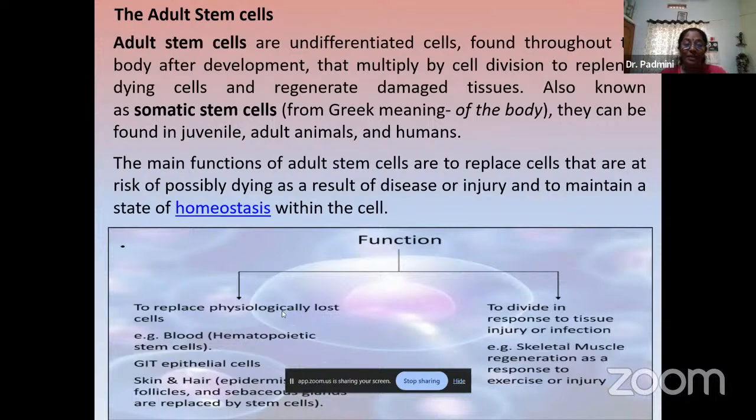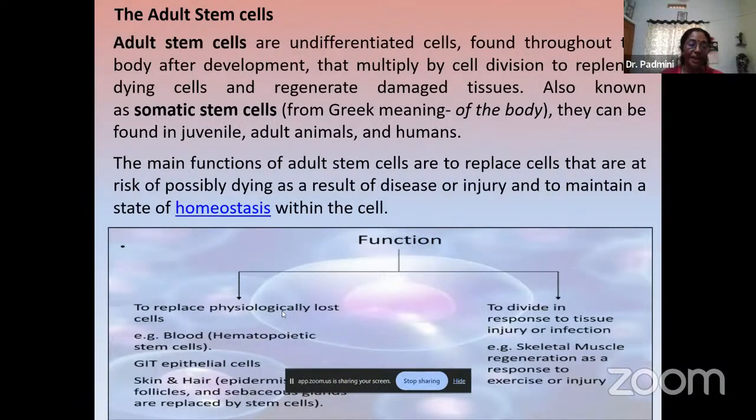As we are sitting and listening to the lecture here, we have lost so many RBCs, and at the same time we have reproduced more RBCs. So homeostasis is maintained: when there is a loss, replenishment is occurring at the same time. That example is the blood.